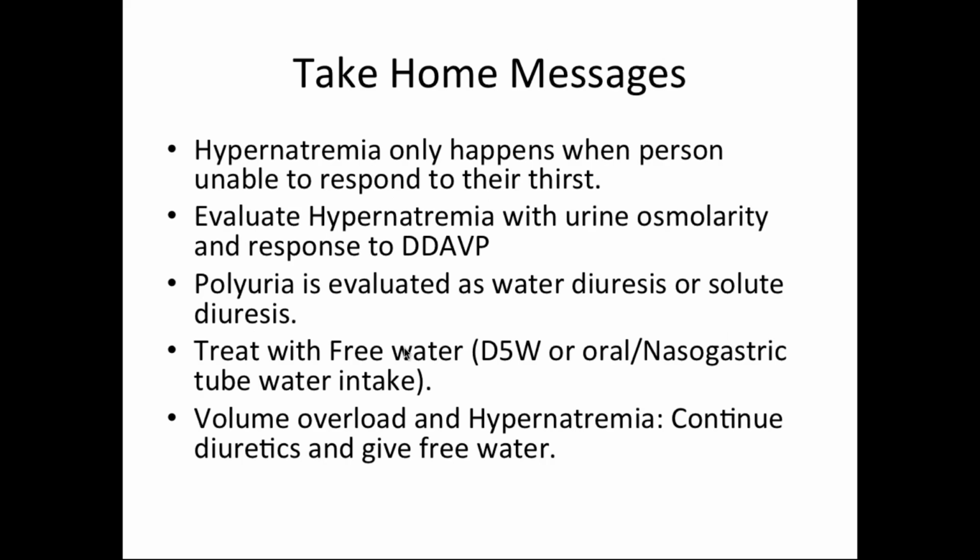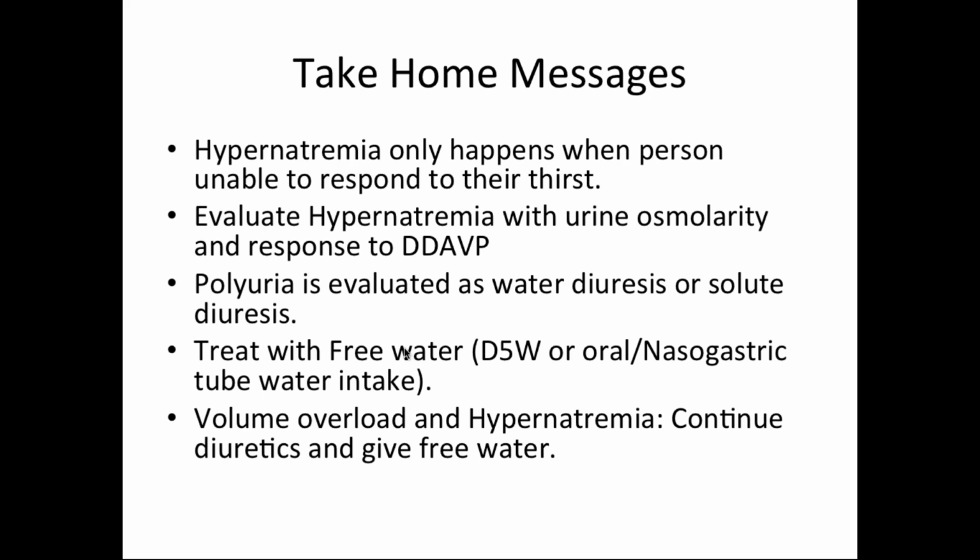So my take home messages from the talk today are that hypernatremia only happens when a person is unable to respond to their thirst, and so is usually some kind of either infant or an old person or some kind of deficit that doesn't allow them to respond to their thirst. To evaluate hypernatremia, focus on the urine osmolarity and then the response to DDAVP.